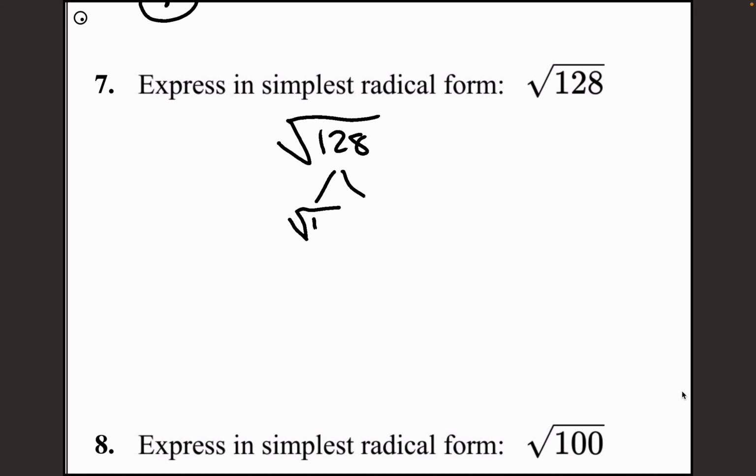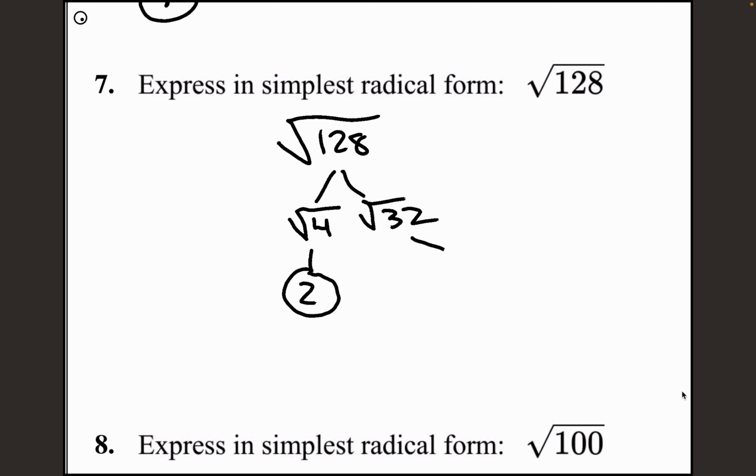32. Okay, so I get square root 4, square root 32. Now, when we take the square root of 4, what does that give us? 2. I'm going to circle that. Can I simplify square root 32? What can I do, 8 and what?